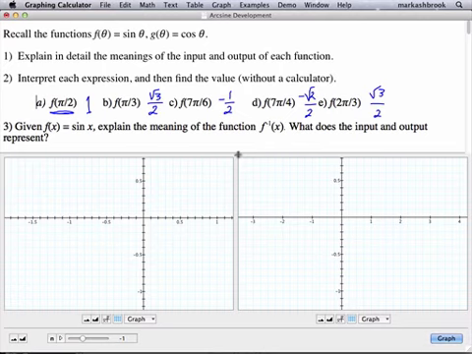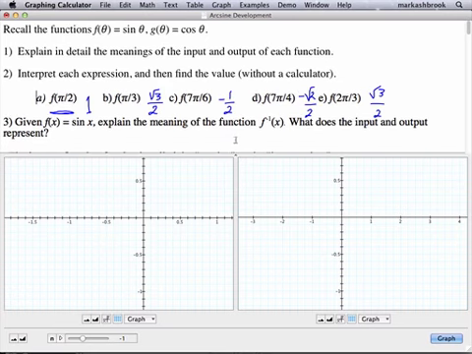So your input is the vertical distance above the horizontal, and your output is the angle. So now we're inputting vertical distance in radius length, or y coordinate, and the output would be angle. So it's flipped or reversed.